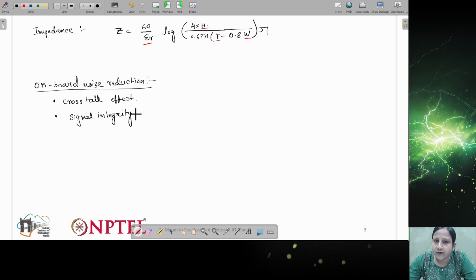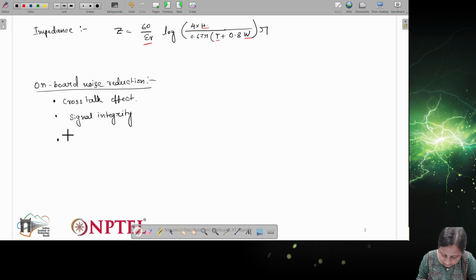The bend should be such that there will be less noise present. A sharp bend can cause more noise, so whenever there is a bend point, the bending should be such that the noise effect will be less.